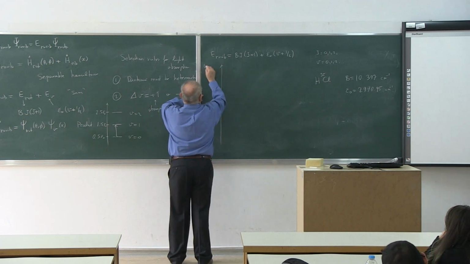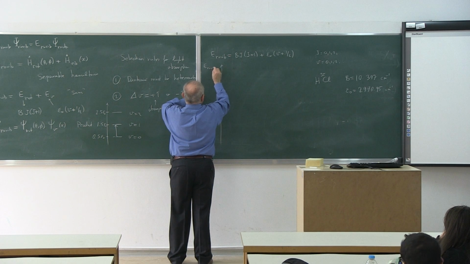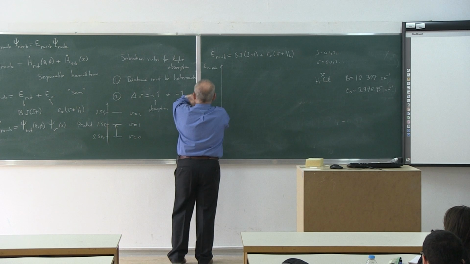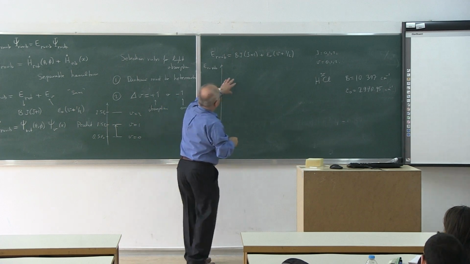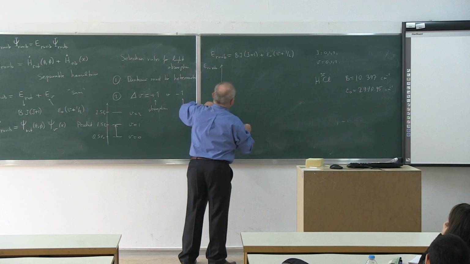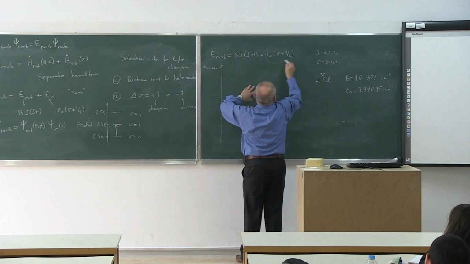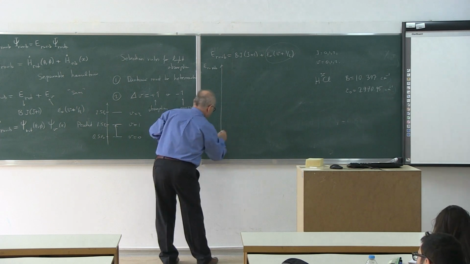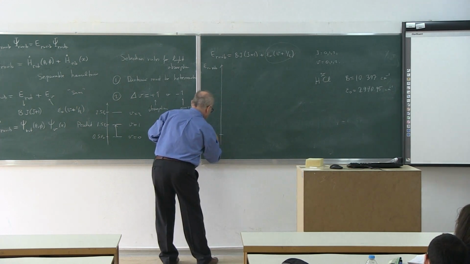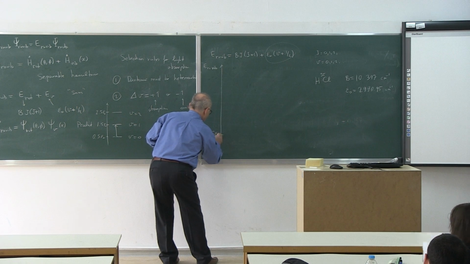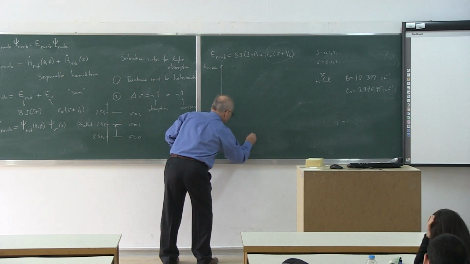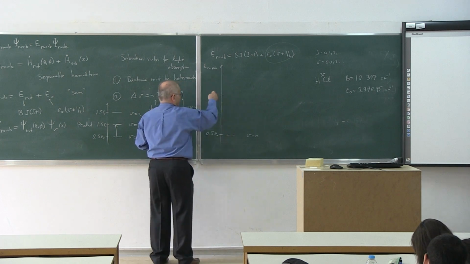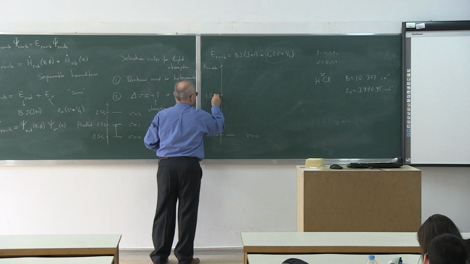So when we draw it, first indicate this part on the energy level diagram. This is 0.5 F0, and this is at 1.5 F0.